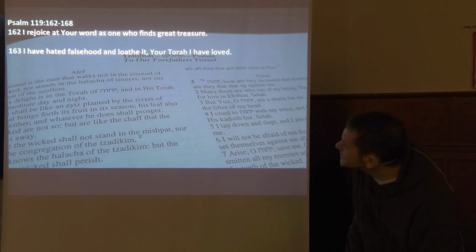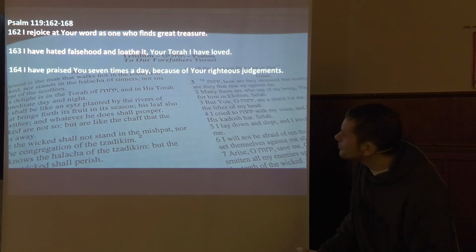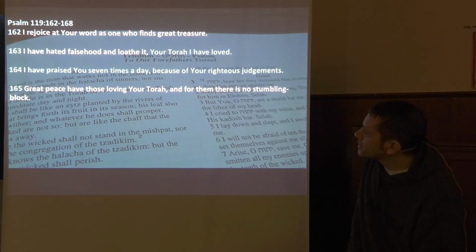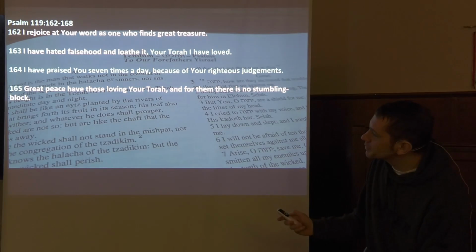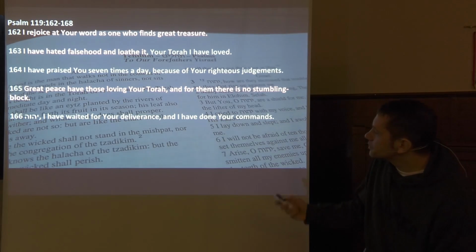I have hated falsehood and loathe it. Your Torah I have loved. I have praised you 7 times a day because of your righteous judgments. Great peace have those loving your Torah, and for them there is no stumbling block. Yehovah, I have waited for your deliverance, your Yeshua, and I have done your commands.